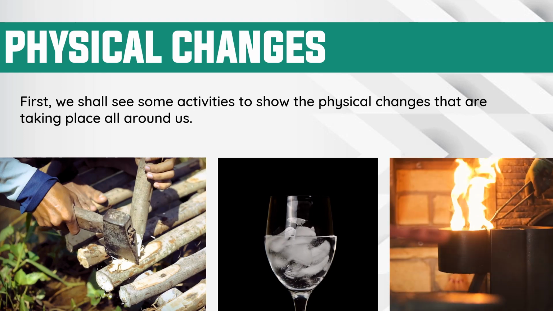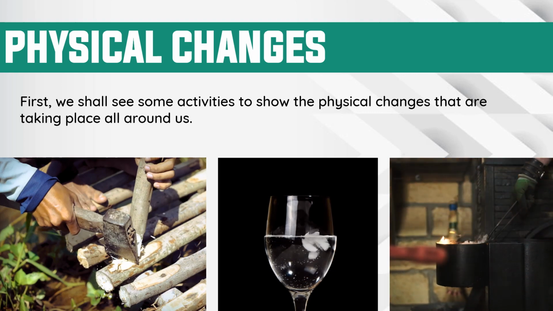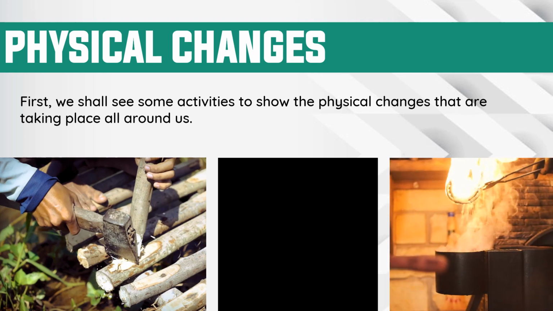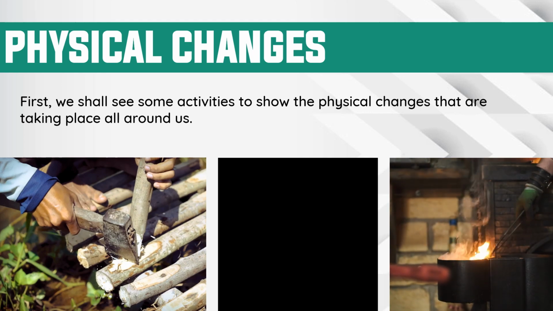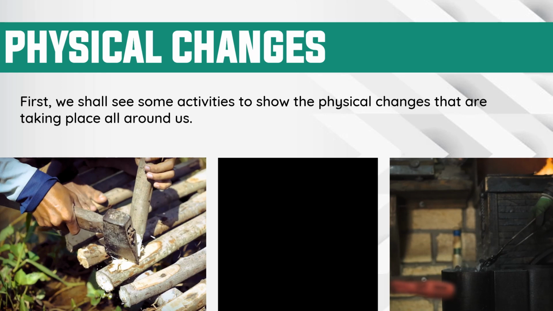And what about this third video? Here, an iron rod. You know what is the color of an iron rod. But after heating the iron rod, you can see a glow there. So that is a color change. So here color has changed.